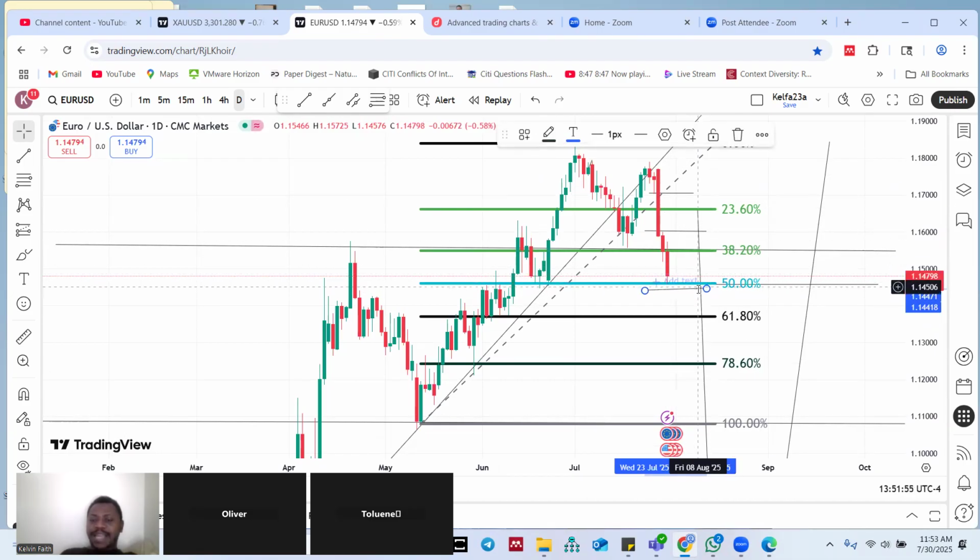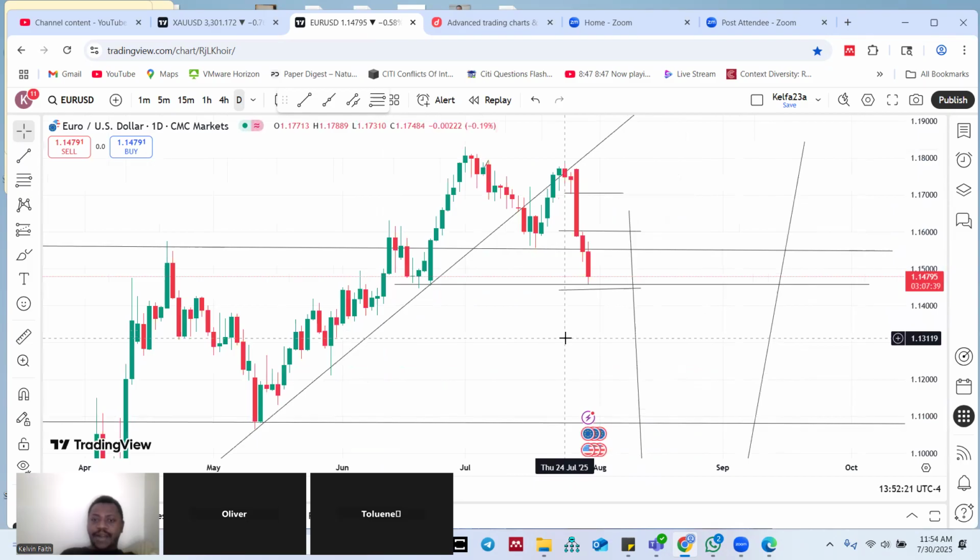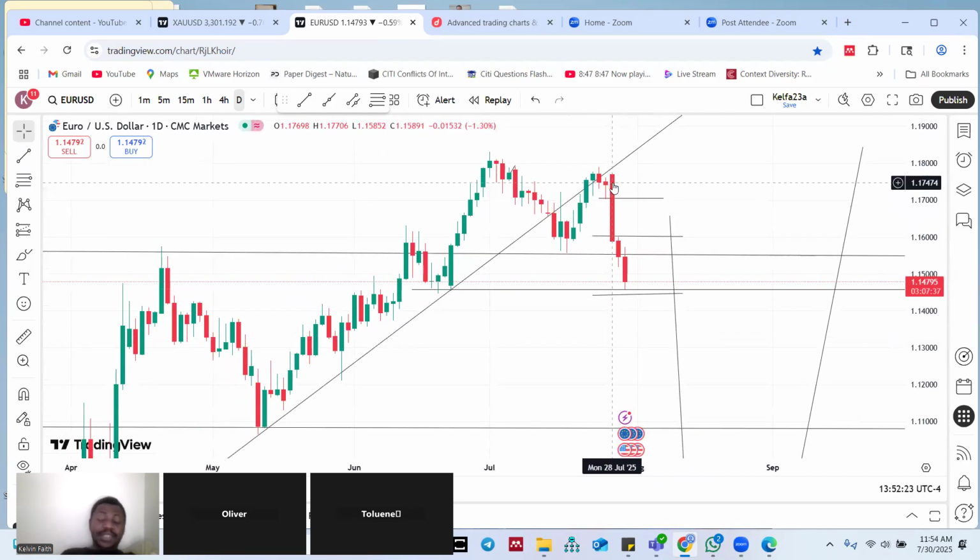But then if price trades into this imbalance here, into this breaker block, and the fair value gap here, notice the breaker block and the fair value gap all have confluence. They are all located around the same area. And notice there was an impulsive move which has also broken structure, taking a low out.